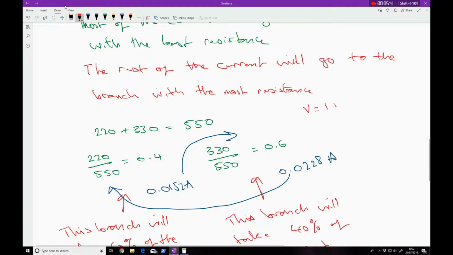And if we calculate the voltage, V equals IR, so V equals 0.0152 multiplied by 330. The branch with the resistor that has 330 ohms is going to have a total voltage dropped of about 5.